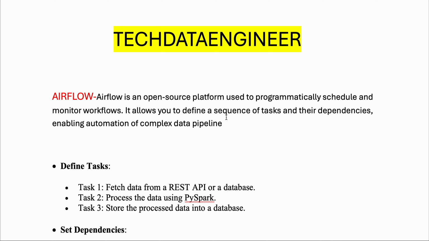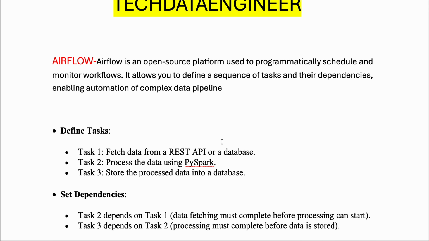So suppose we have three tasks, and for those three tasks we will create three data pipelines. Okay. But there would be some dependencies also, because first you have to do task one. If task one is not done, then data is not available in the stage to do any processing, so you can't do any transformation.